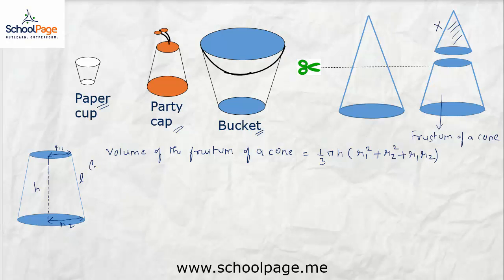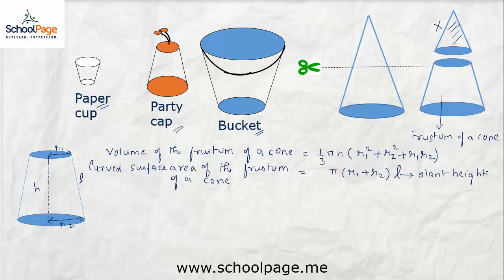Now the curved surface area of the frustum of a cone is given by the formula pi into R1 plus R2 into L, where L is the slant height. Now the slant height can be calculated by using L is equal to square root of h square plus R1 minus R2 the whole square.